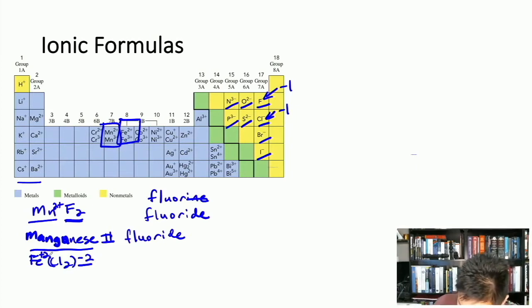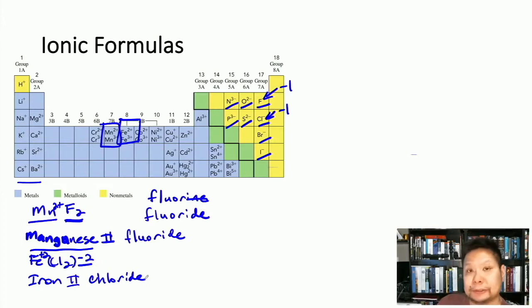So I write it out as iron 2 chloride. There are some other common names that we use in chemistry, especially the old folks, for iron.